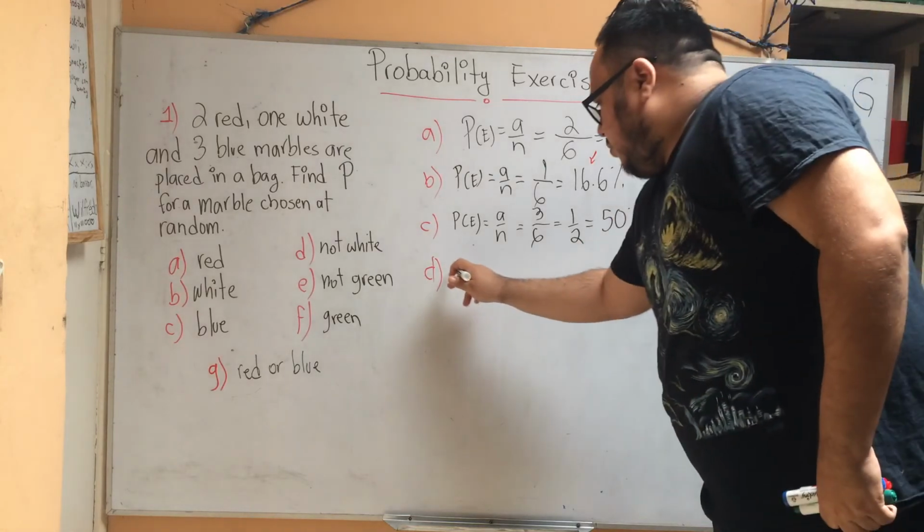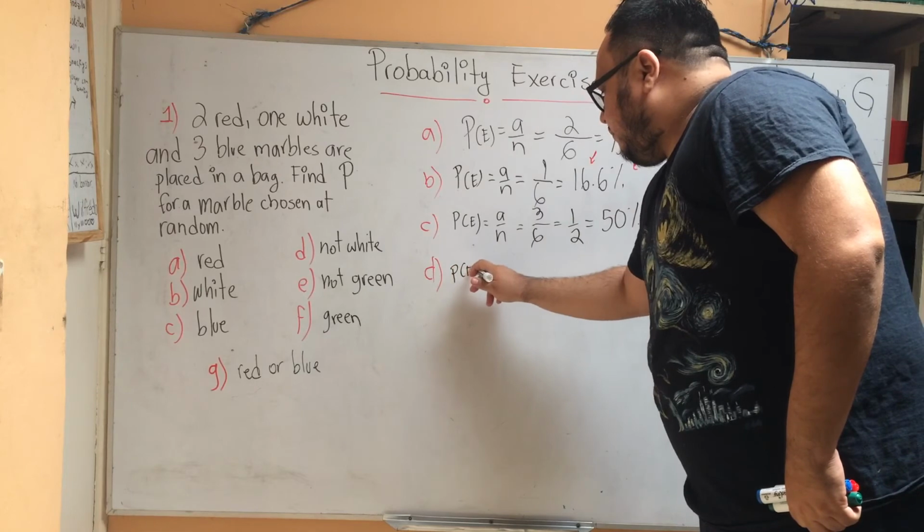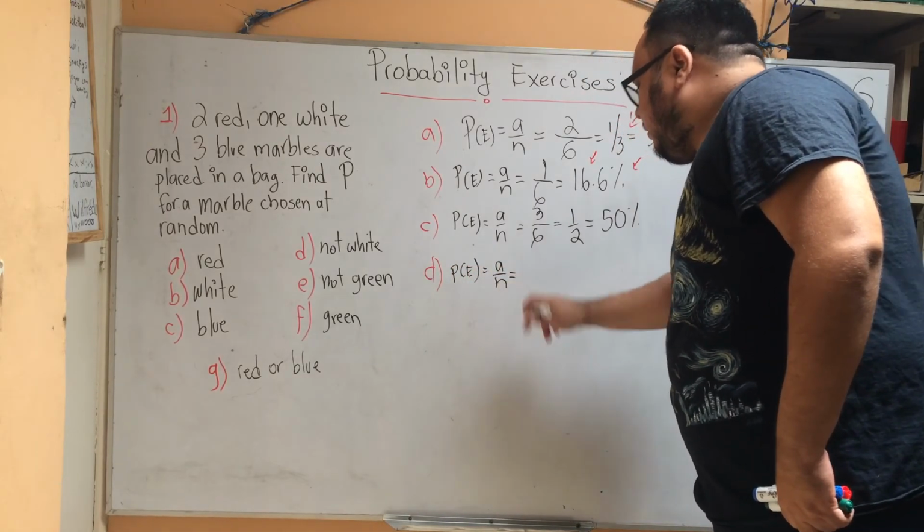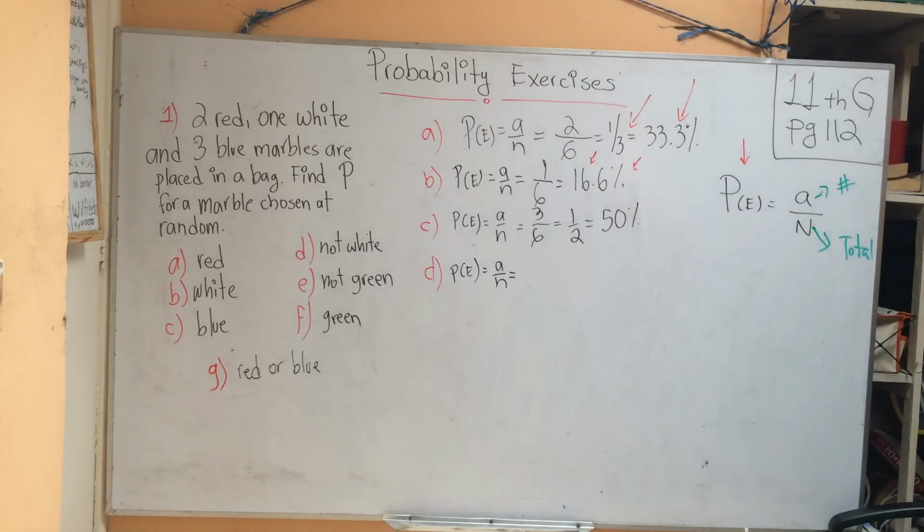So the probability of this event is always A over N. And if we have 6 marbles, how many marbles are not white? Since white is only 1, that means that we have 2 reds and 3 blues. That means that the total number of options that we might have that are non-white are 5.